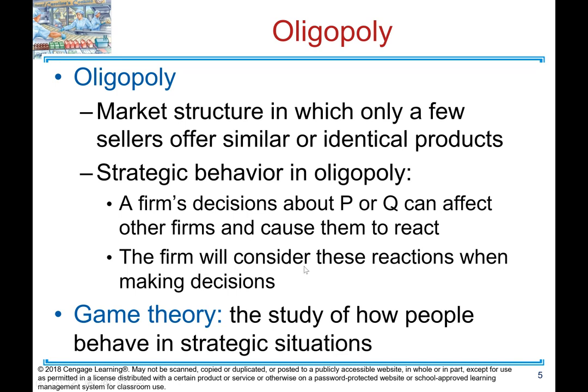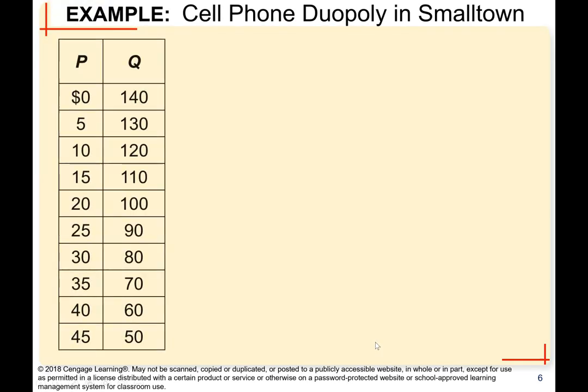The firm will consider these reactions when making their decisions. So there's some kind of mutual interdependence. Game theory is the study of how people behave in strategic situations.